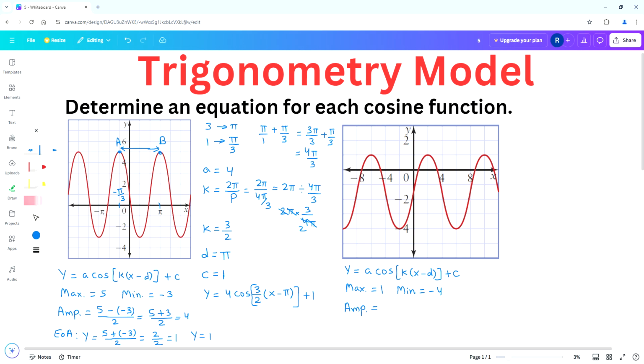The formula for amplitude is maximum value minus minimum value divided by 2. Next, we can find the equation of axis.